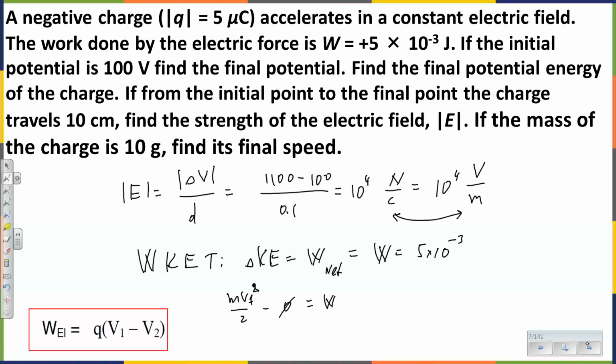Now, again, we should keep track of the meaning of each letter V we write. Potential, volts, speed.